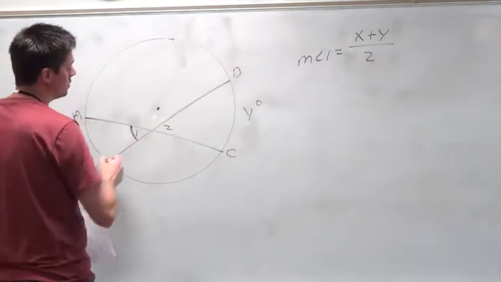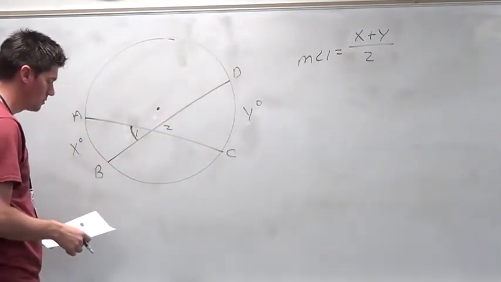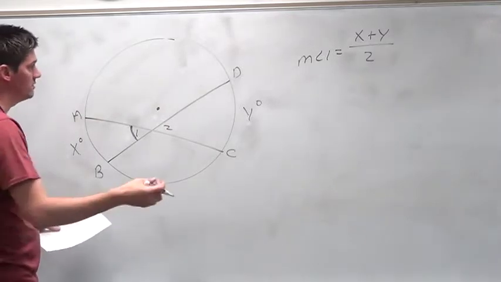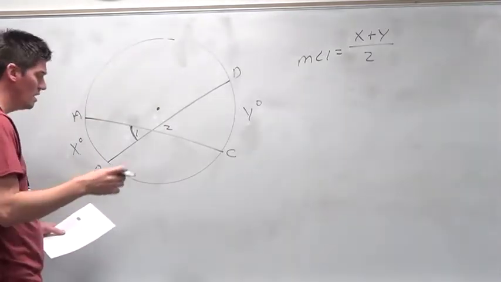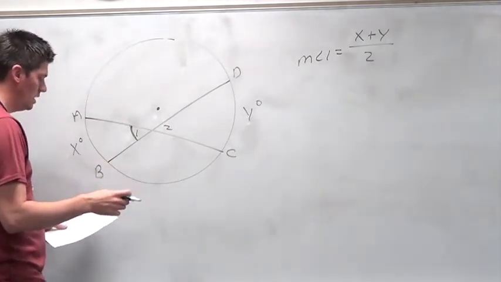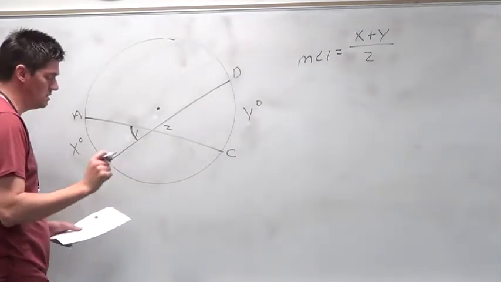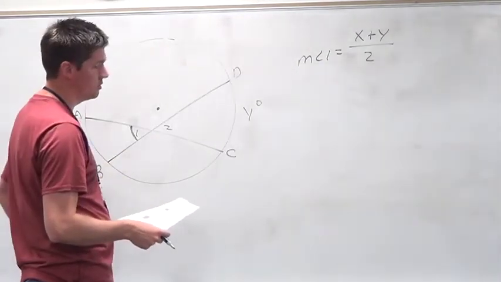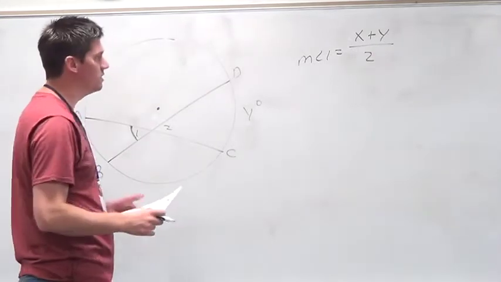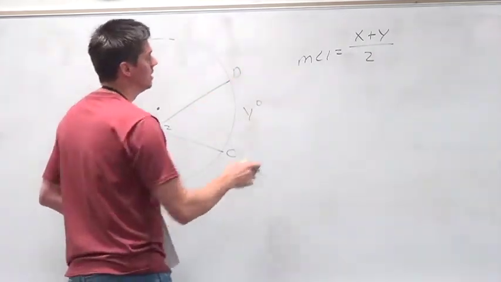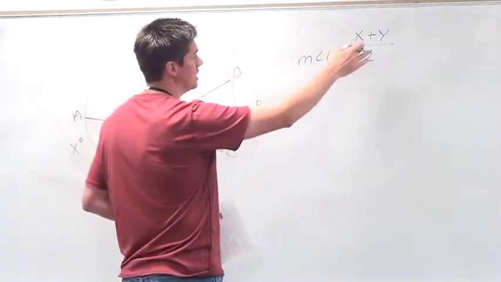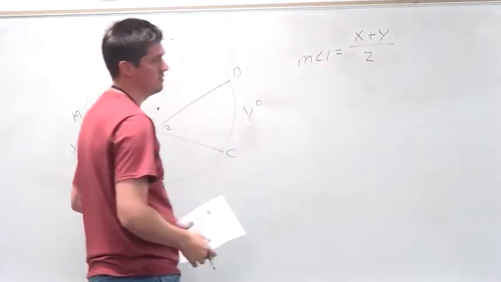Well, it's just formed by two chords that intersect each other. And in the hints and comments section, it says the measure of the angle equals half the sum of the measure of the two intercepted arcs. I think it's easier if you just say it like the formula does: the measure of the angle is equal to the sum of the two intercepted arcs divided by 2.